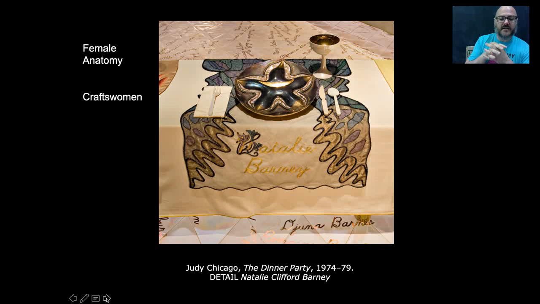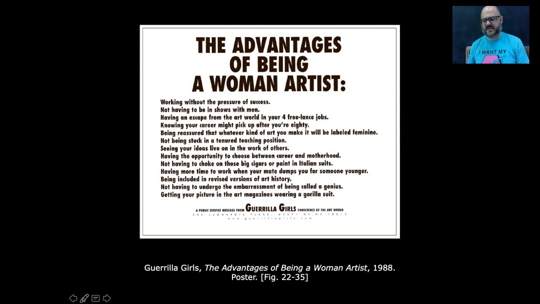We talked about Natalie Barney in an earlier chapter as being the partner of the feminist lesbian artist Romaine Brooks. And so here we see her. Natalie Clifford Barney was a poet, and we can see an interpretation of some of her themes on her plate. And really, really interesting work.